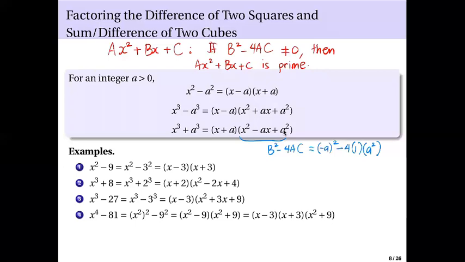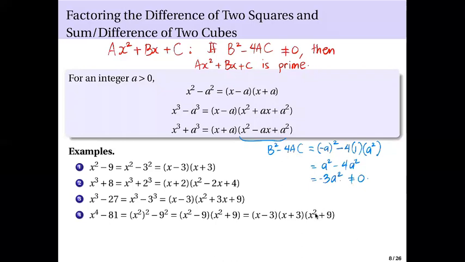So if you compute for this, you will have a squared minus 4a squared. This is equal to negative 3a squared, correct? But a is positive, so this minus 3a squared is not equal to 0. So this is prime.